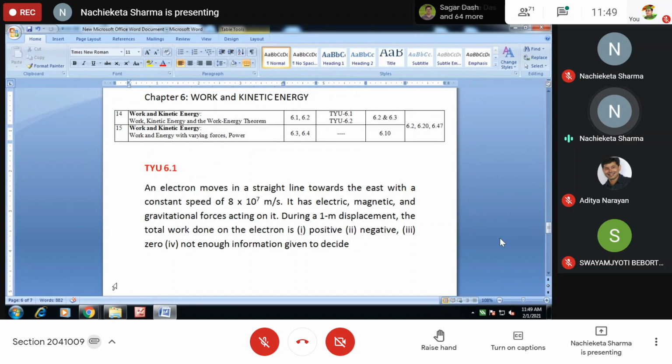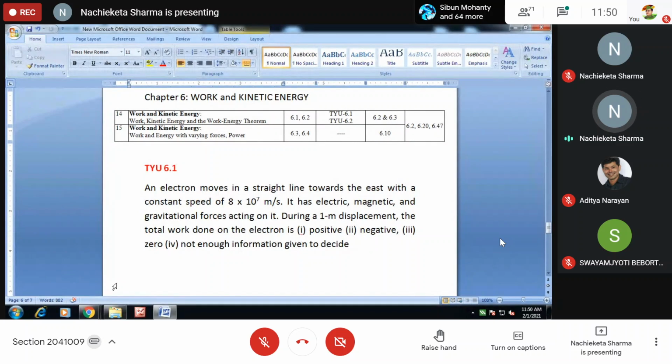And how do you know that there is no acceleration? It is written constant speed, and the east direction. That means the direction is also fixed. Straight line towards the east, moving with a constant speed. So the velocity is constant, so there is no acceleration, so there is no net force.